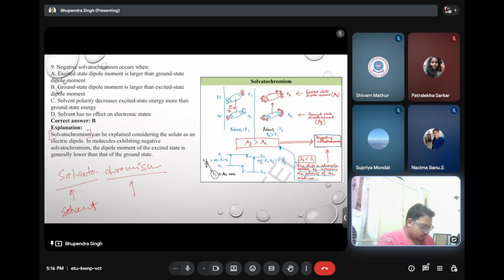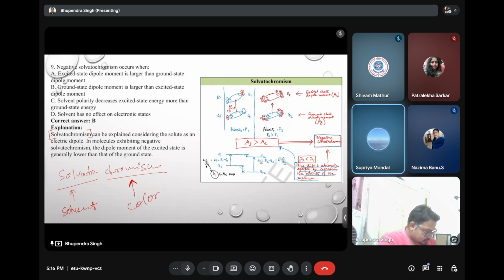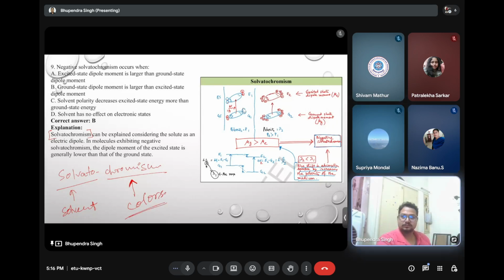What does this mean? Chromism. Colors. Yep, yes. Okay.